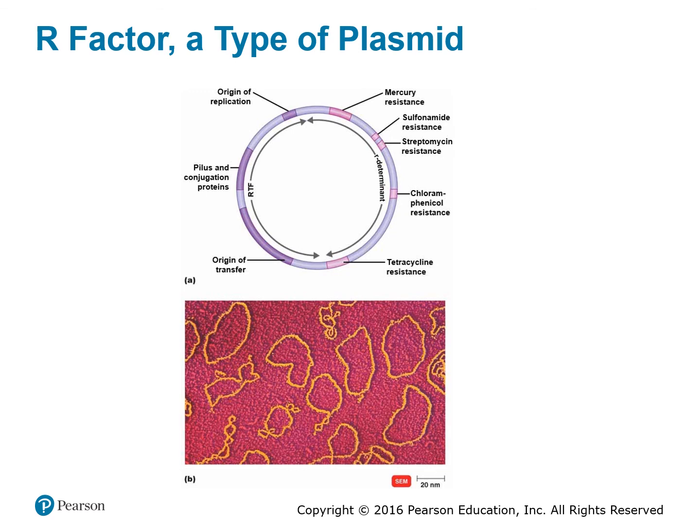Now, there are actually multiple types of plasmids, but this was just an example right here so that you guys could see how plasmids usually carry genetic information that increases the virulence and increases the pathogenicity of the bacteria that would carry it.